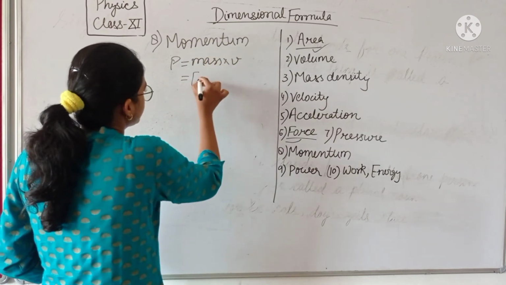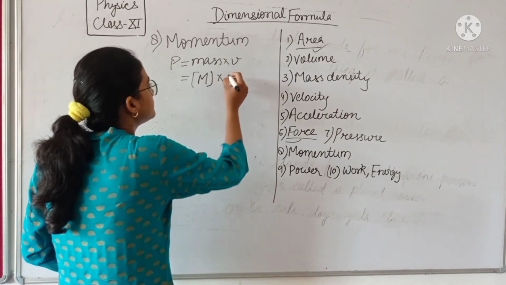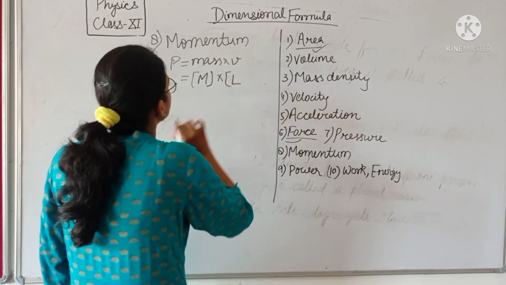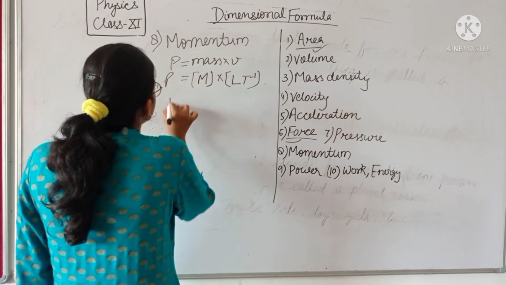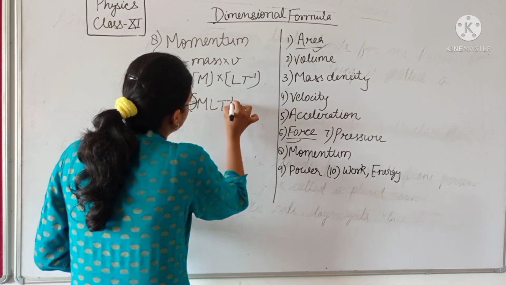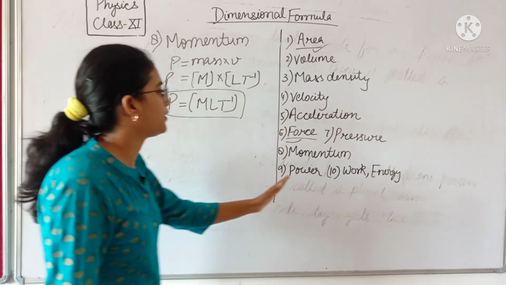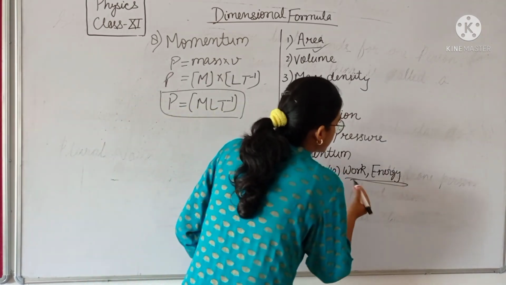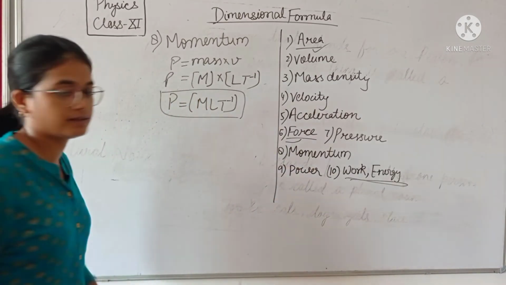For mass we will write capital M, and for velocity L T to the power minus 1. So this is M L T to the power minus 1. Similarly, you can calculate for work and energy. Work and energy have the same dimensional formula, and power also.